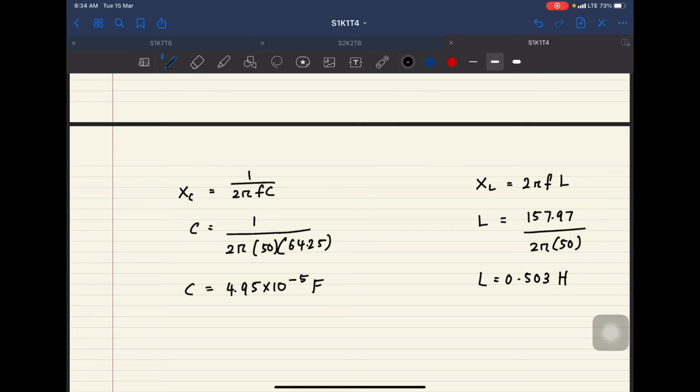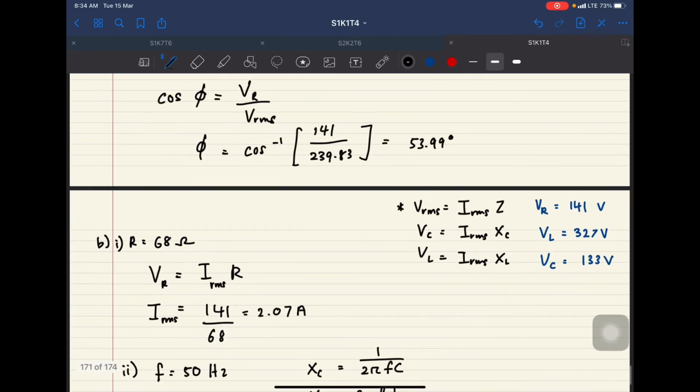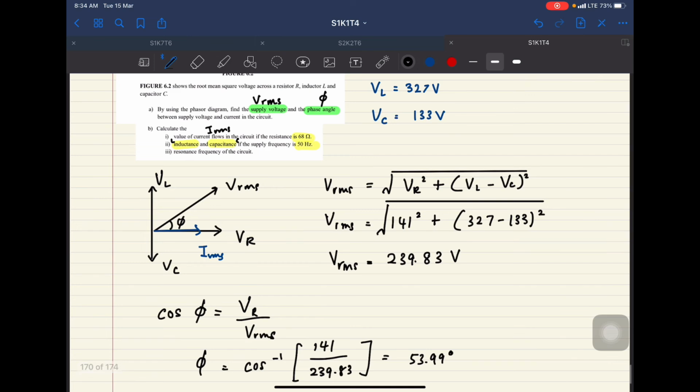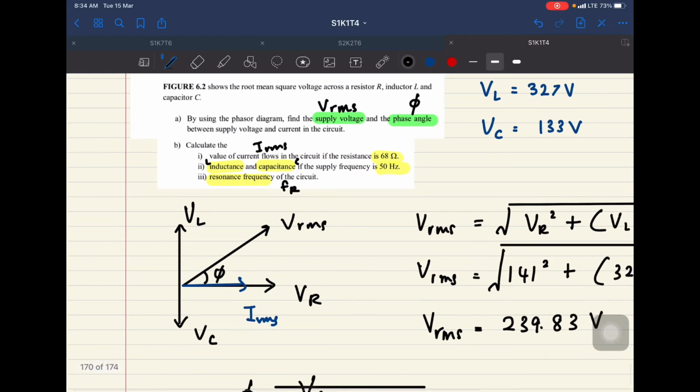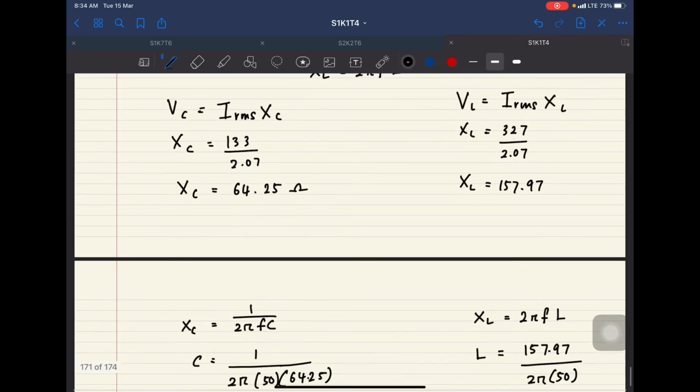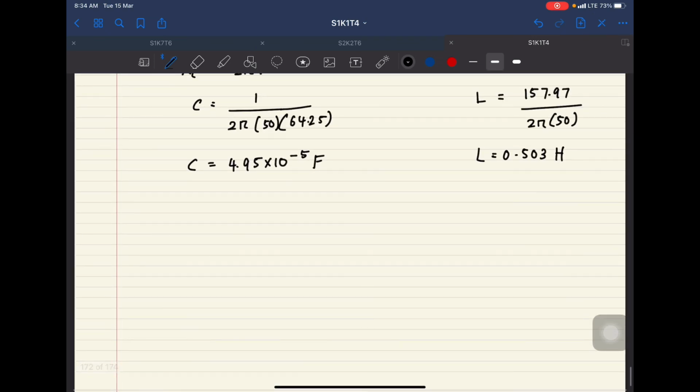And then we still have one more question. So the last part, B3, they want you to find the resonant frequency of the circuit. So resonant frequency is your FR. Okay, so if you guys still remember, I always draw the graph of when it is at resonant frequency, and from the graph you can say about three things.